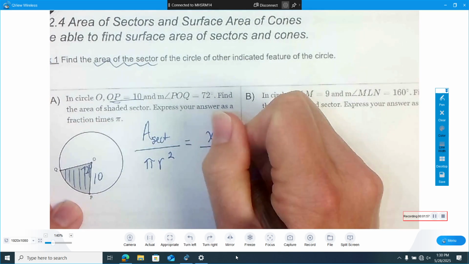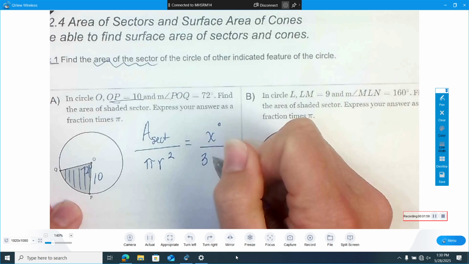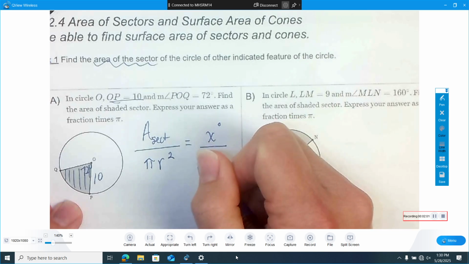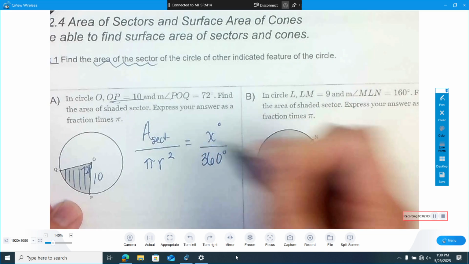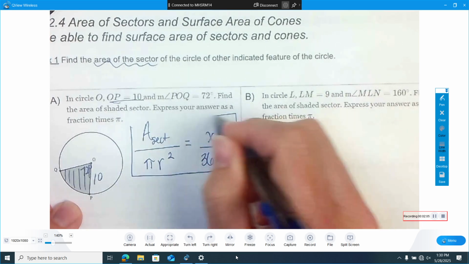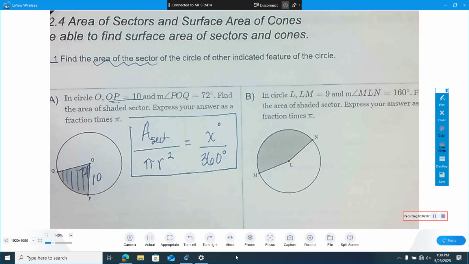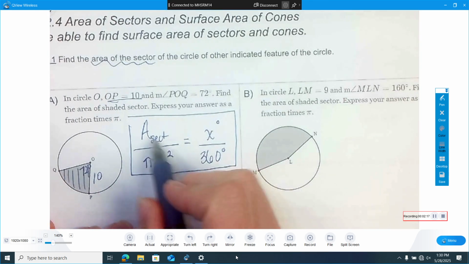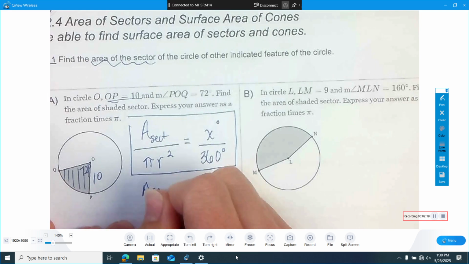So again, we have a certain number of degrees out of how many total degrees in the circle? 360 degrees. So this is how we go about setting up these areas of circles. And again, we've done this before with arc lengths, like the lengths of the arcs of circles.